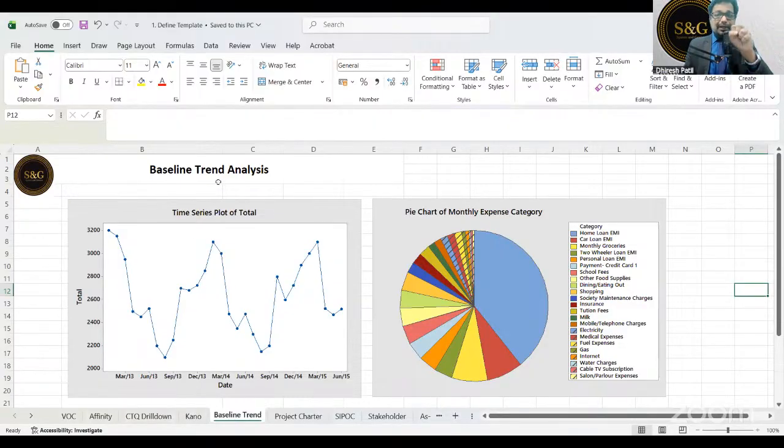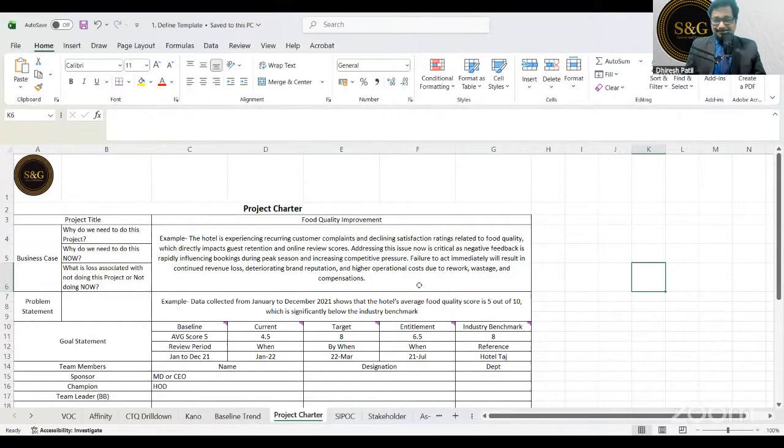Whatever data you collect for the project, first make a trend analysis or a pie chart. Let's say sales are going down. You make a time series plot. These are just sample graphs, but you have to put the trend chart here to showcase your current situation graphically. Clear?